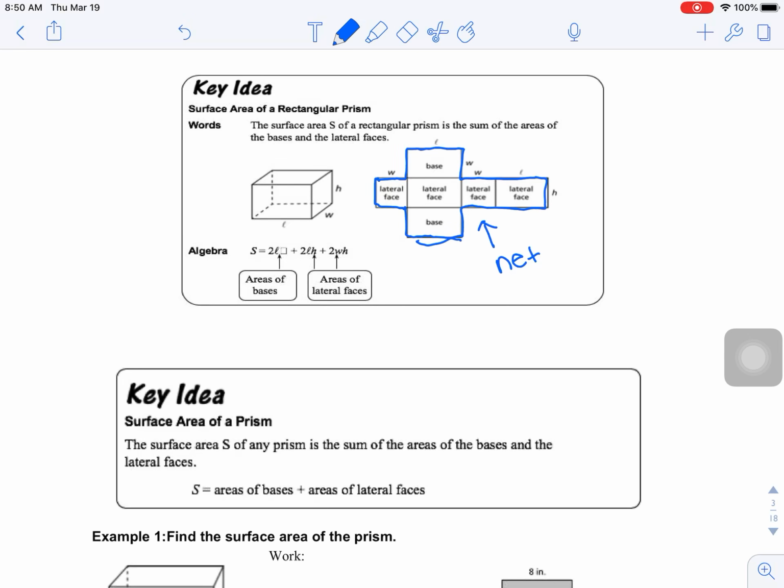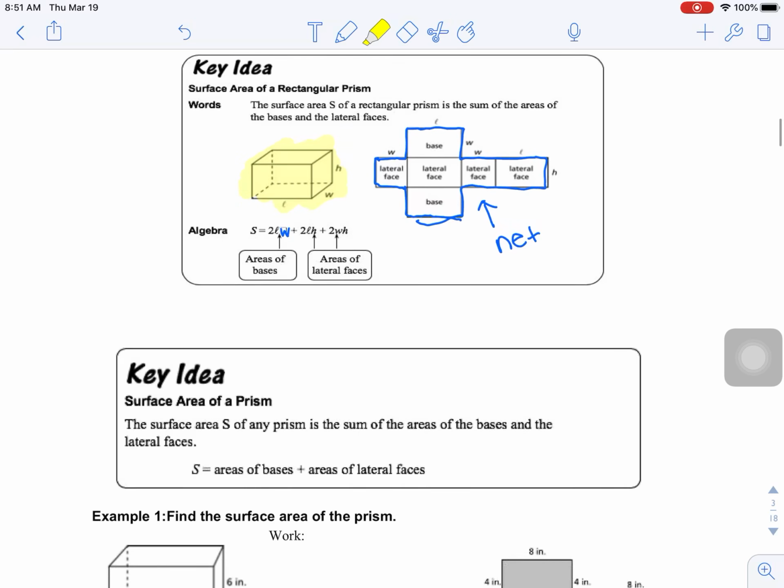That's the net of the shape. Our formula has 2L, and there's a box there that should be a W. So your formula would be 2LW plus 2LH plus 2WH. If we were looking at the shape, we can find each piece, or we could just plug it into that formula.